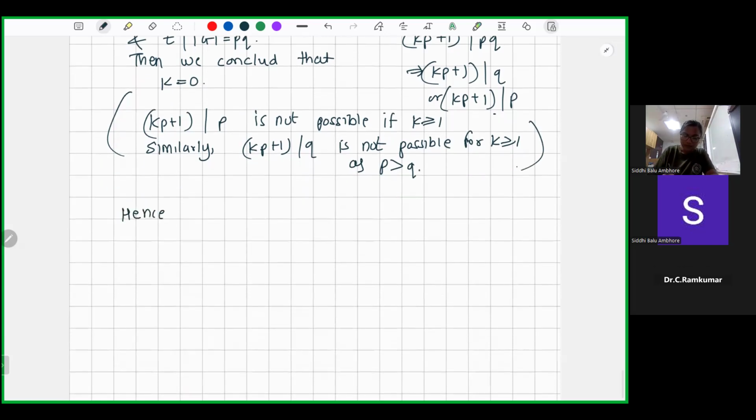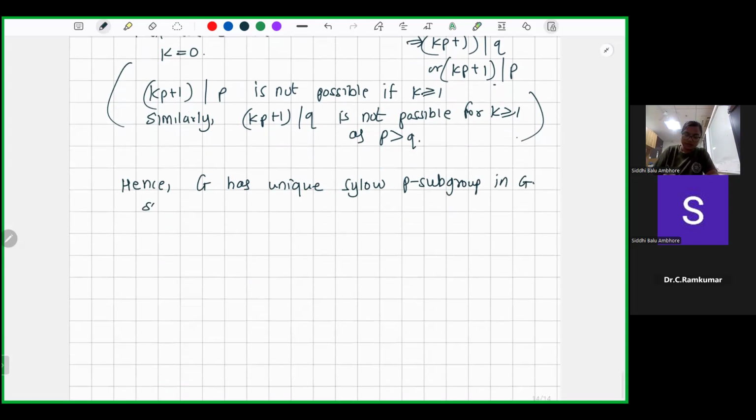Hence, G has a unique Sylow P subgroup in G.